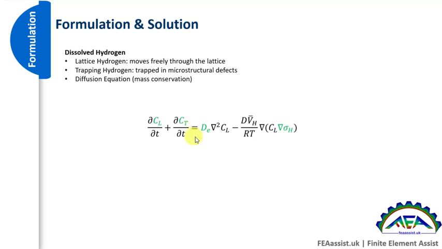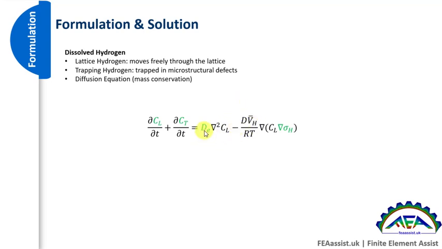In the mass conservation or diffusion equation, the lattice hydrogen concentration and trapped hydrogen concentration are in a relation with the effective diffusion coefficient and hydrostatic stress. This is very important, that stress can affect hydrogen diffusion. And also the trapping sites, the microstructure defects, can affect the diffusion.